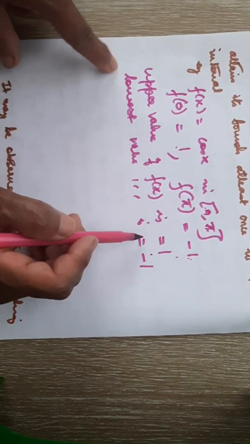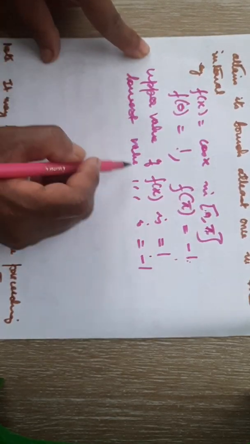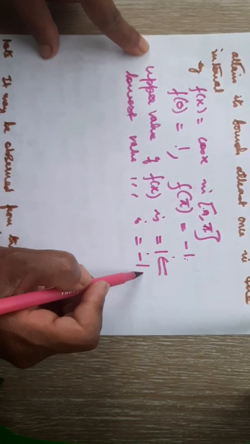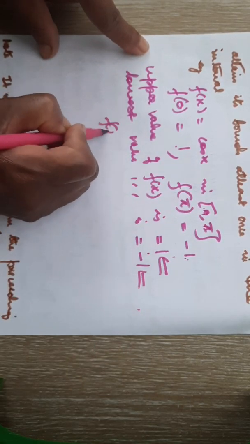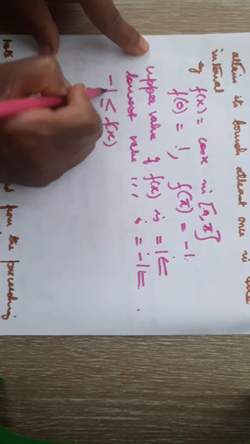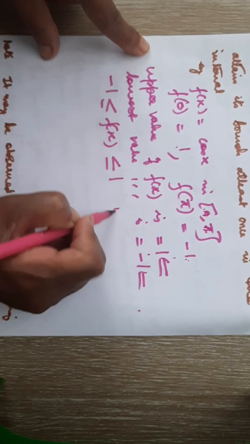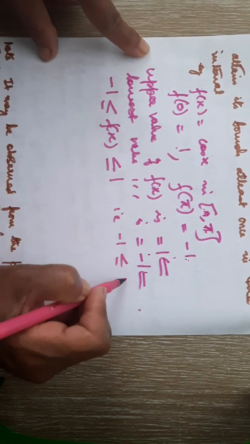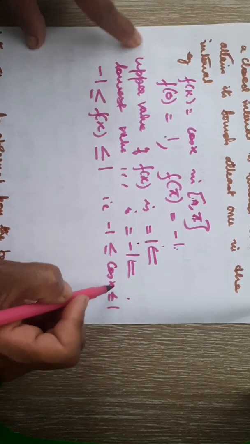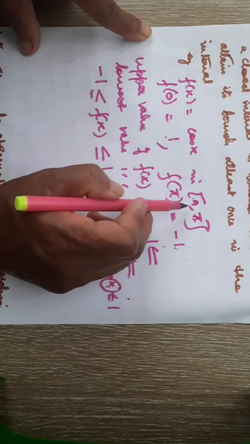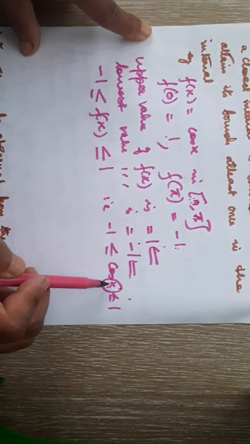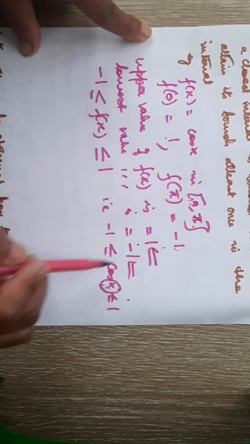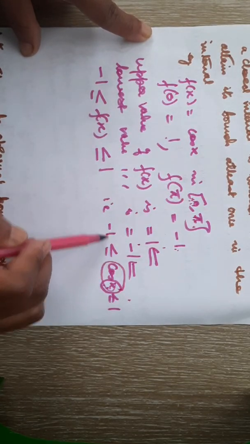So now here you see that this is the maximum value and this is the minimum value. That means f of x will always lie between minus 1 and 1. That is, minus 1 is less than or equal to cos x, less than or equal to 1. So whatever be the value of x lying between 0 and pi, the values will always lie between minus 1 and 1.